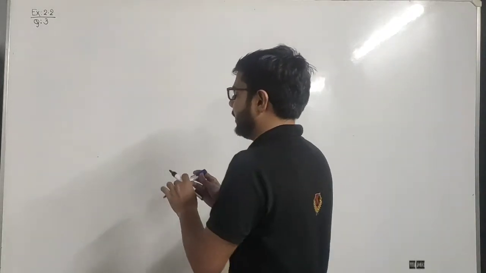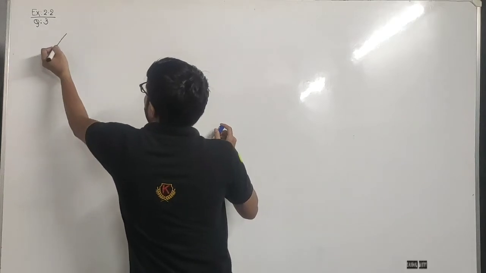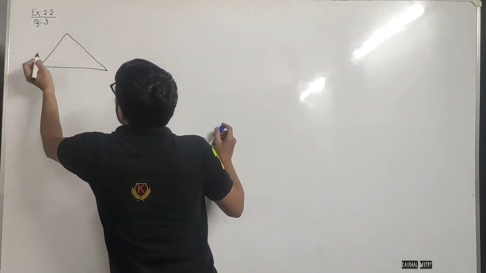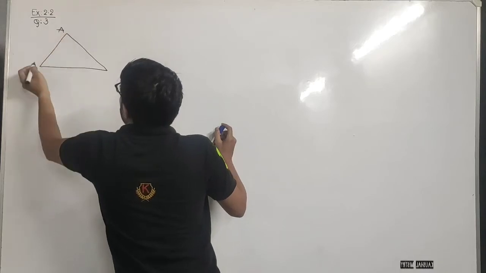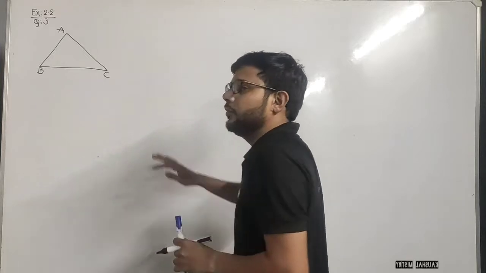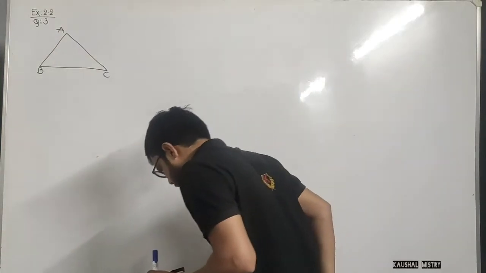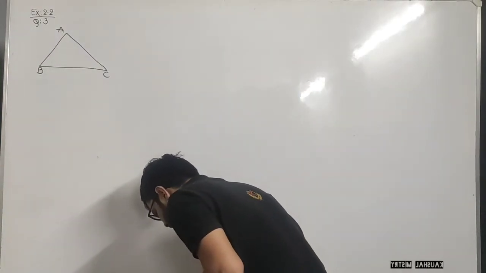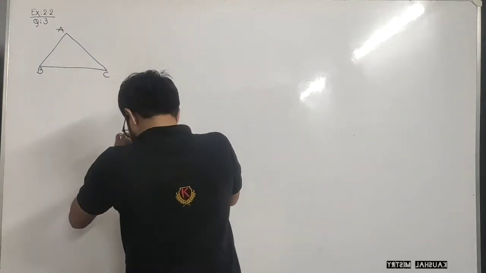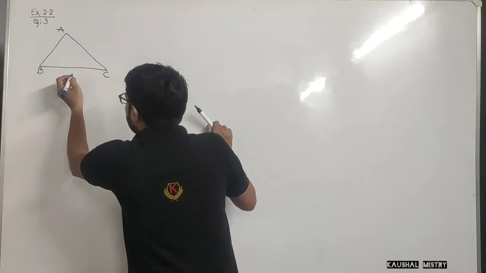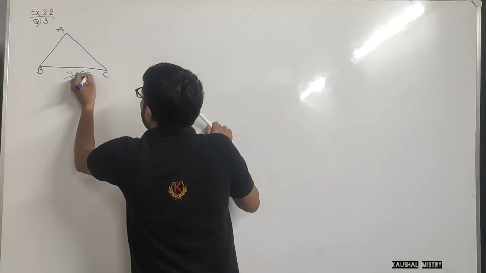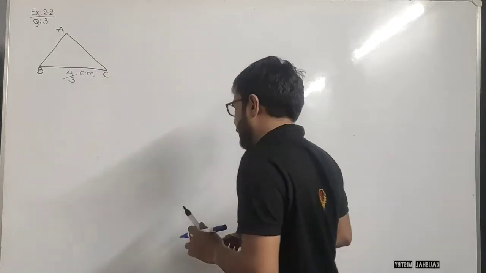So we will take one triangle here, triangle ABC. From the data we will take the values accordingly. The base of an isosceles triangle, we can call this a base, and the base is given as 4 by 3 centimeter, right?